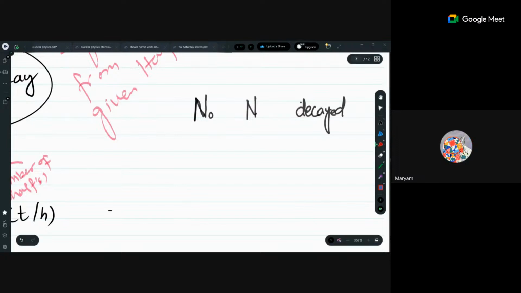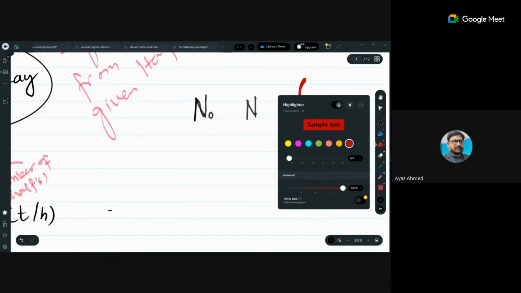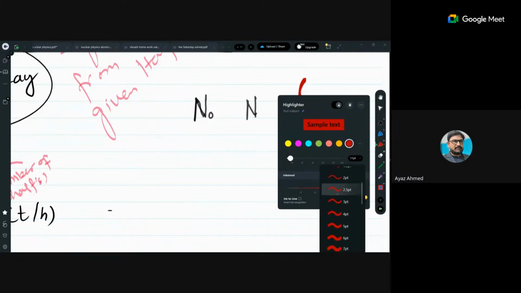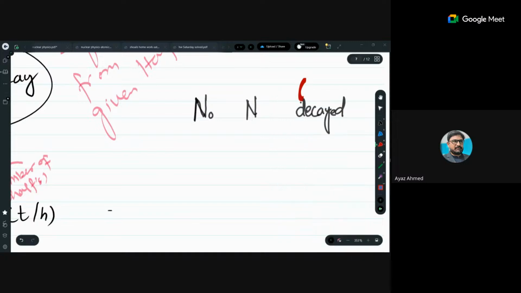Decayed means the ones which have been reduced, which are gone, or which are converted into something else.